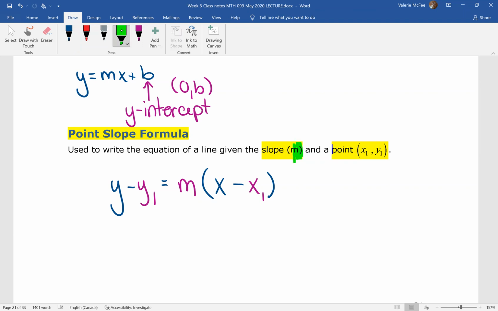The slope, we're going to fill the slope in, and the point, this x1, y1, we're going to fill into the formula here. So if this is a new formula for you, I'm going to suggest that you write it down, put it beside your bathroom mirror so you can stare at it while you're brushing your teeth. Put it on your refrigerator so you can stare at it every time you go to find something to eat. Y minus y1 equals the slope times x minus x1.